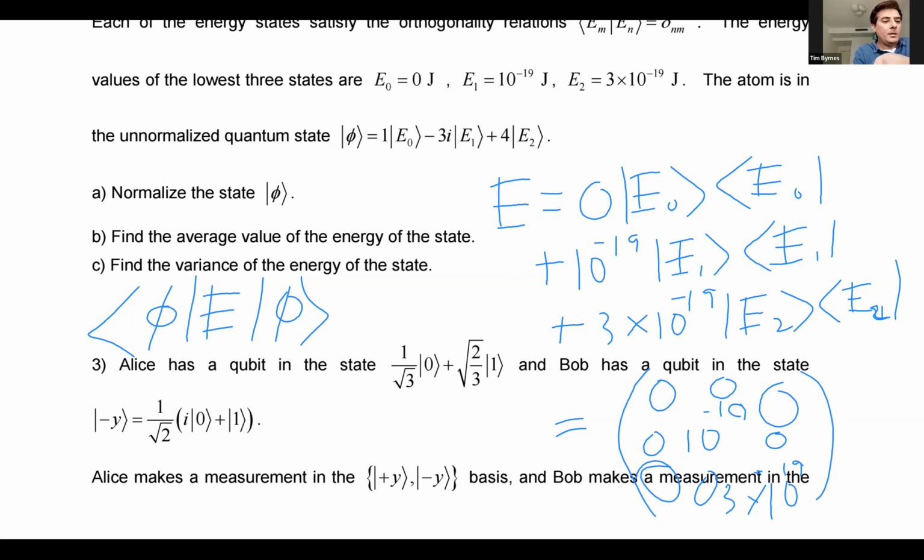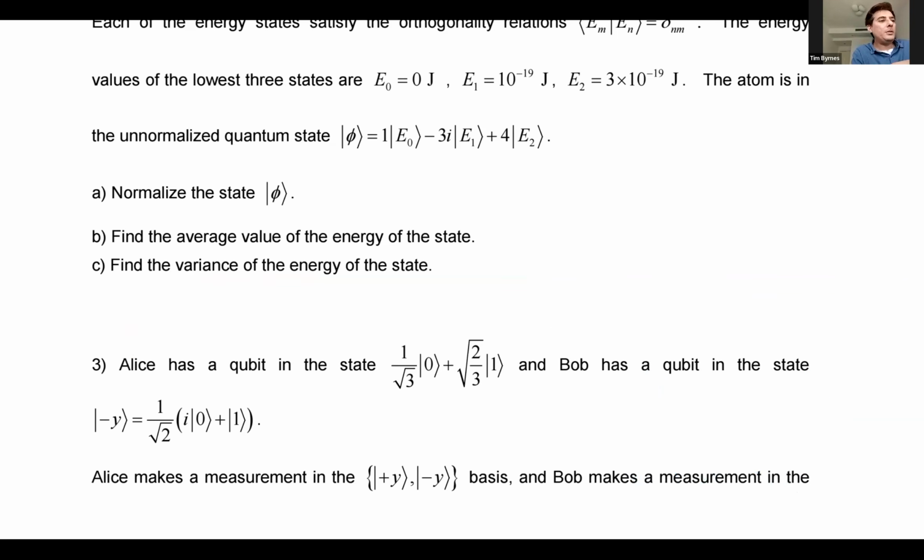Then there's another part to this question, which is to find the variance of the energy of the state. Again, from first principles, what's variance? It's the variance in the energy.